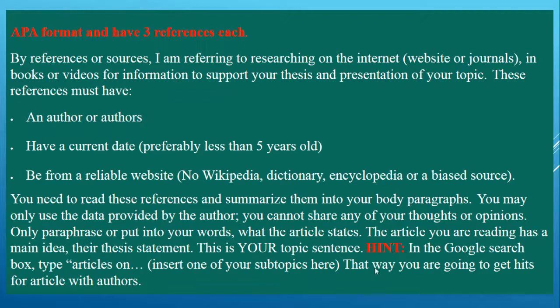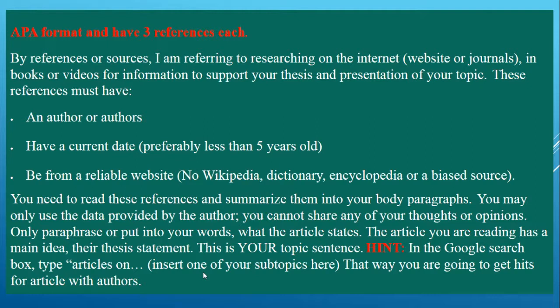In Google search, type articles on. This is my trick to make sure that when I'm searching, I get something that has an author: articles on, and then I insert one of the subtopics that I'm brainstorming on. For instance, here, global warming has affected society. Well, I would type articles on ways that global warming has affected society.